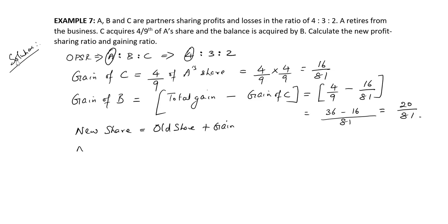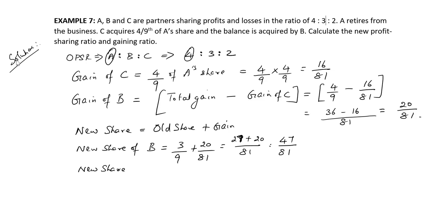Applying this formula, new share of partner B is equal to old share 3 by 9 plus the gain of B, which is 20 divided by 81, which is equal to 47 divided by 81.